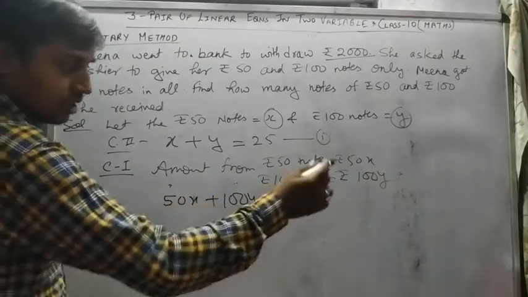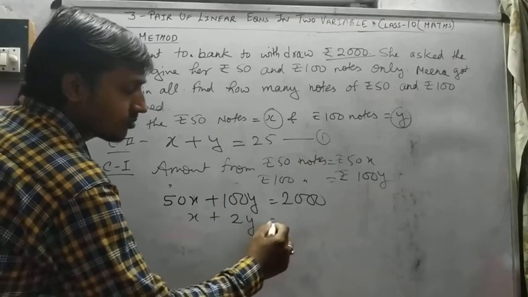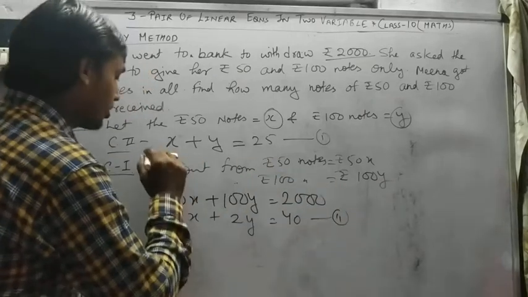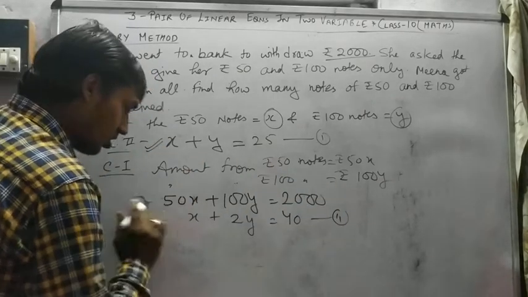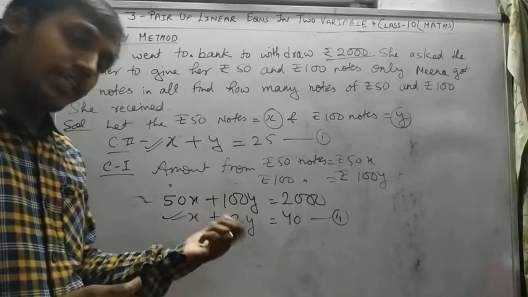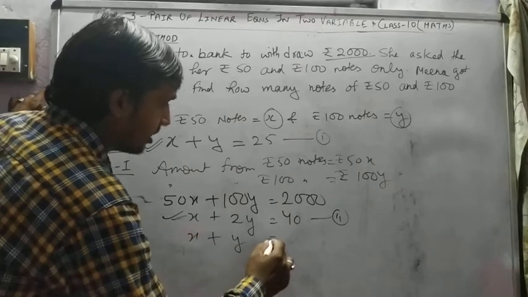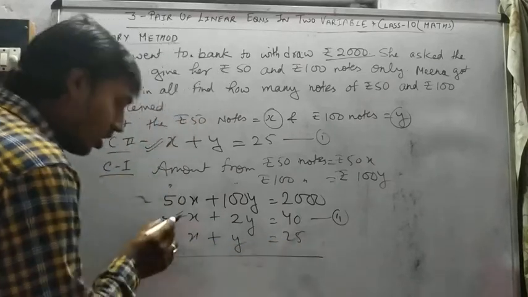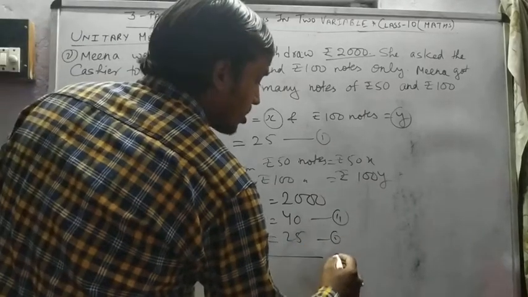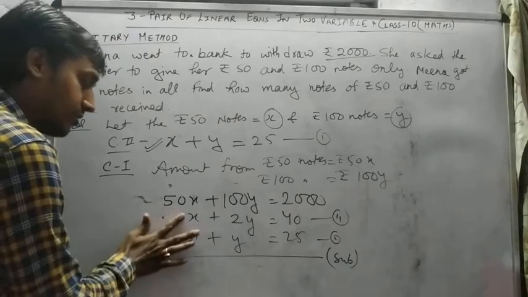Divide all by 50: 50 into 2 is 100, 50 into 4 is 200, so x plus 2y is equal to 40. First equation and second equation, then solve both equations and get the values of x and y. So write down x plus 2y equals 40 and x plus y equals 25. The x coefficients are already equal, so you can directly subtract, because they have the same sign.